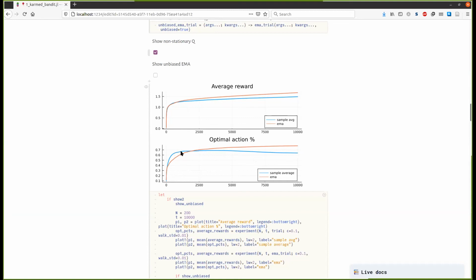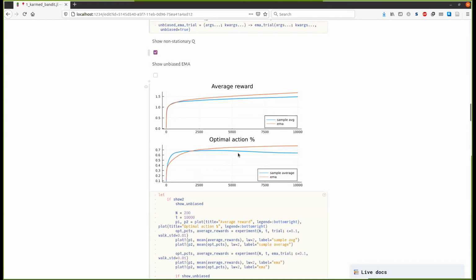at this point it chose some action to be the best, and it keeps accounting for the rewards we got at the very beginning of the simulation.